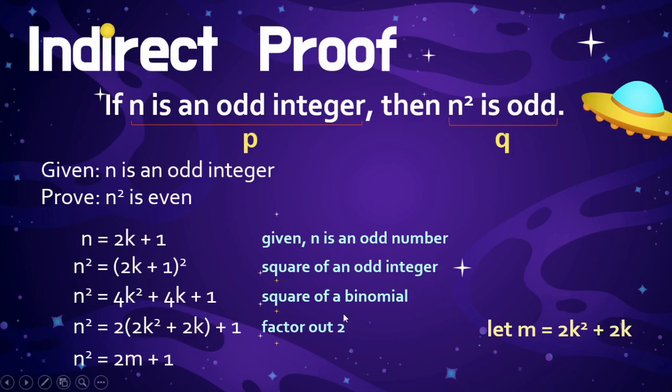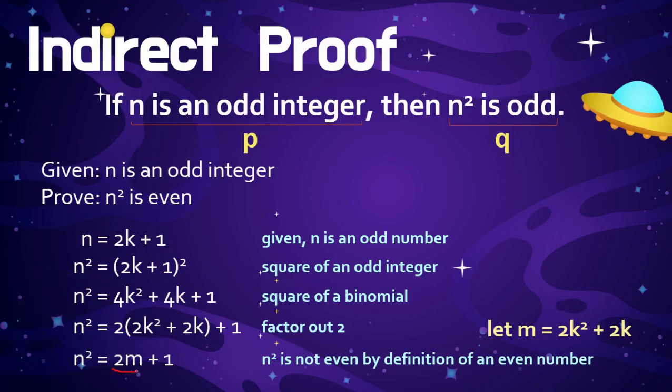Kapag napatunayan na natin na n squared is even, if this is true, ibig sabihin yung original statement natin ay false. Pero kapag itong opposite, n squared is even, ay false, ibig sabihin, yung ating original statement ay true. Okay? So, syempre, kung dumaan tayo sa same steps, alam na natin na dahil 2m plus 1 to, hindi siya even. Kasi para maging even, dapat 2m lang.